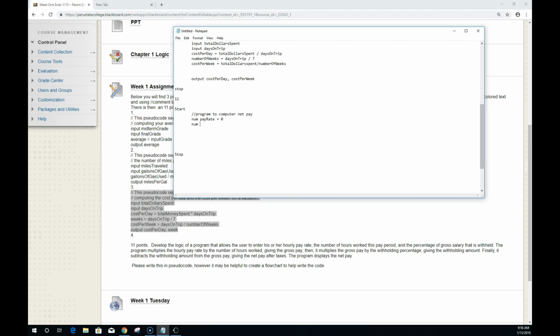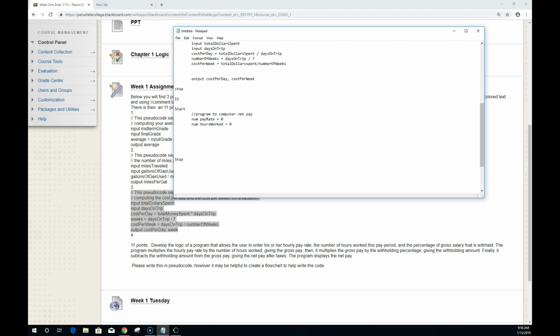And if I have pay rate, I need to know what else. To figure out what you make at a job, what else do you need other than what you make an hour? Hours worked. How many hours worked? So, hours worked. And there isn't any magic answer. These variables could be different.